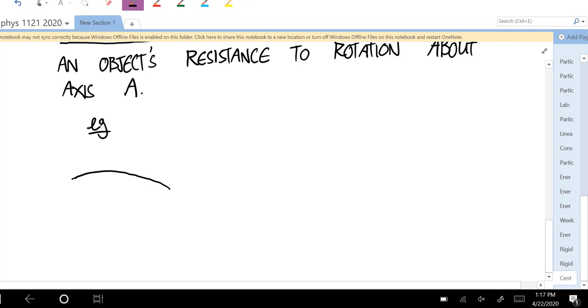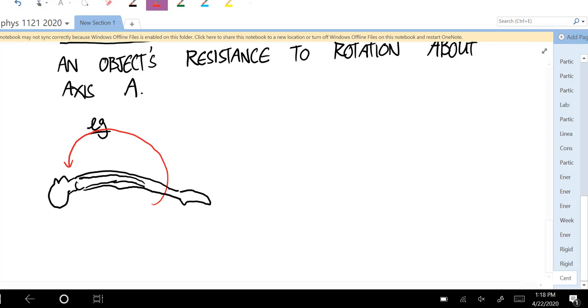So here's one way you can do a flip. Say that this person is flipping this way, and let's say that the center of mass of their body is here. You can think of that as the hinge.